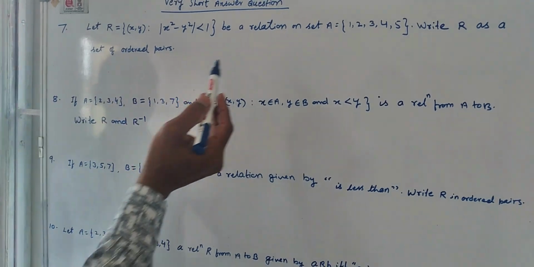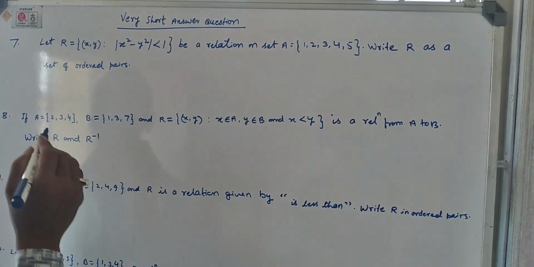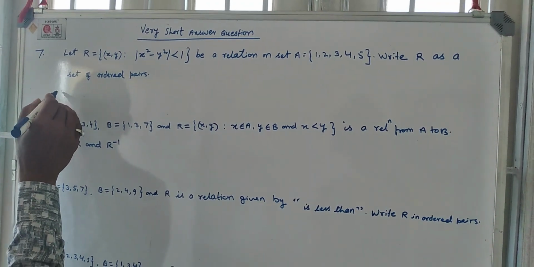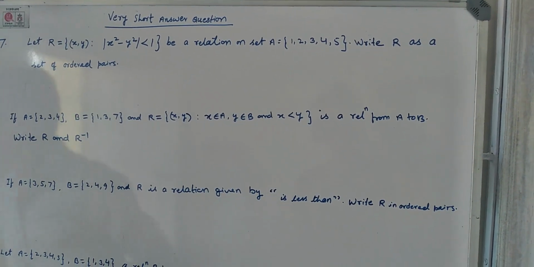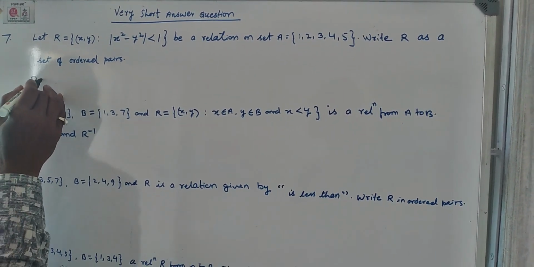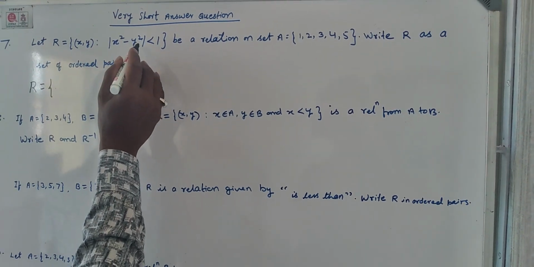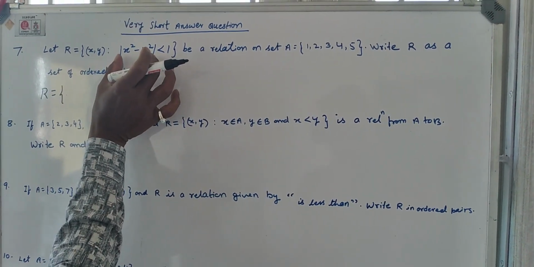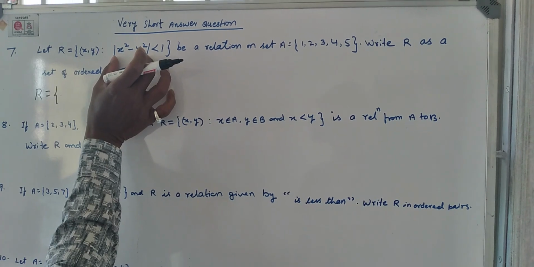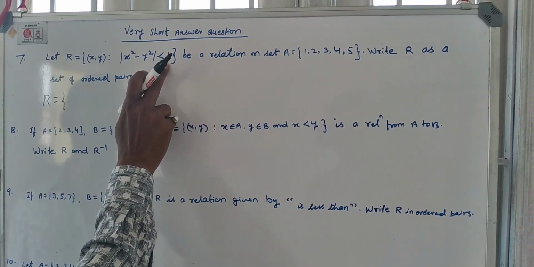So we have to take values of x and y both from A. This value is greater than or equal to 0, so it should be less than 1.